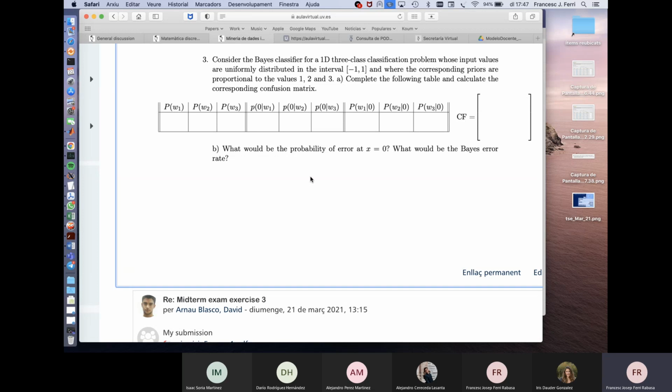Is that clear? So this is class 1, the same is class 2, the same is class 3. So there is only one answer here.